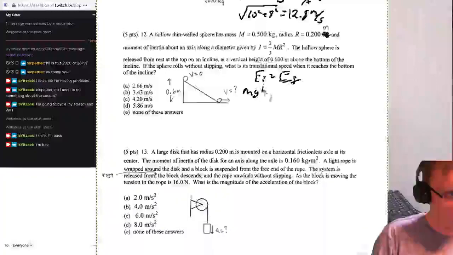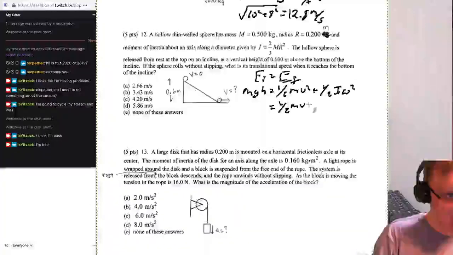So we start out with mgh is equal to our translational kinetic energy, 1/2 mv squared, plus 1/2 I omega squared. 1/2 mv squared plus 1/2 I, which is 2/3 m, same m, r squared.